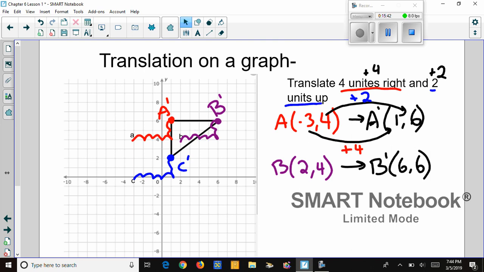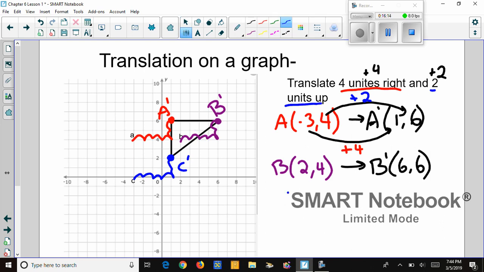This is how we approach doing translations, with both a graph and using our algebra skills. You will be expected to be able to do both pieces. If I gave you a pre-image, whether it's a set of coordinates or a graph, you can perform the translation on both the graph and provide me the ordered pairs for the new points.